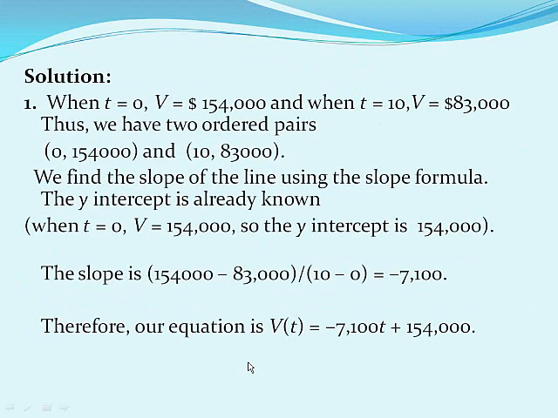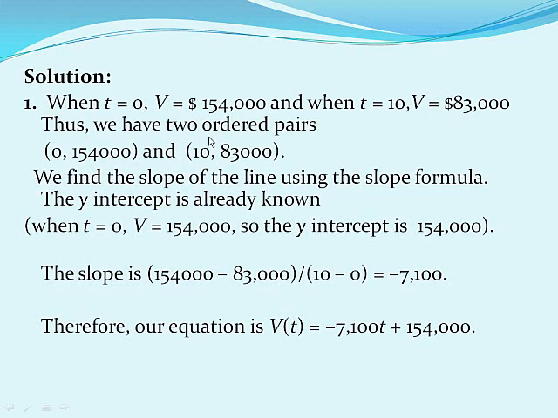Here is the solution. We know that when t equal to 0, that means initially the value is going to be $154,000. And when t equal to 10, that means after 10 years, the value is going to be $83,000.